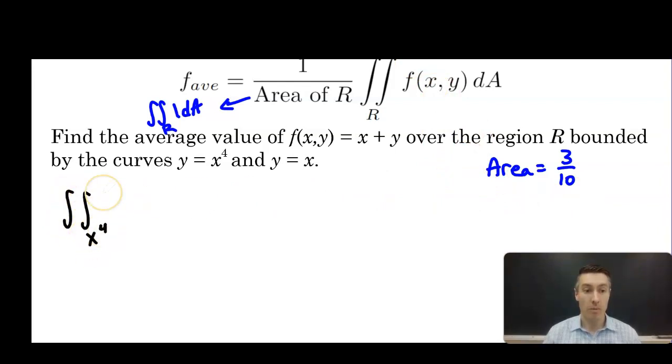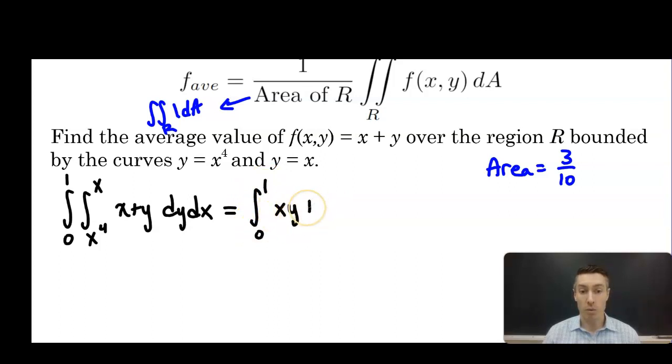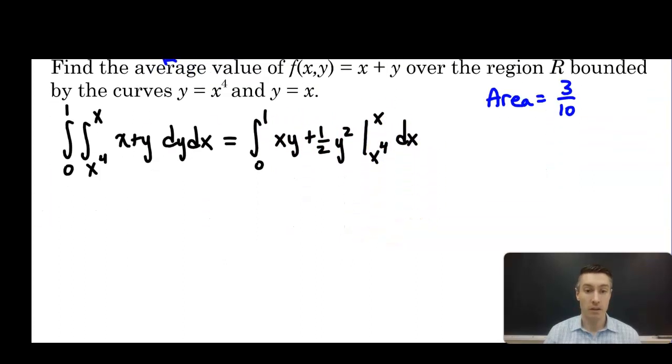So we said that that was from x to the 4th to x, from 0 to 1. And now we're integrating the function whose average value we're trying to find, which is x plus y, dy dx. So just go through the process of integration. So 0 to 1, xy plus 1/2 y squared, evaluated from x to the 4th to x dx.